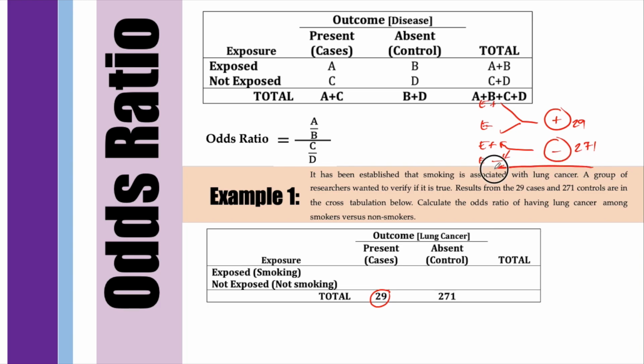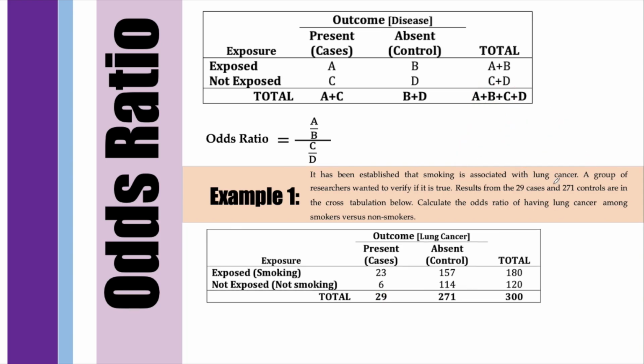How many of them were exposed to smoking and how many are not? So suppose we have this 2x2 table now. Among the 29 positive cases, 23 were exposed to smoking, and among 271 patients without the lung cancer, 157 of them are smokers or exposed to smoking.